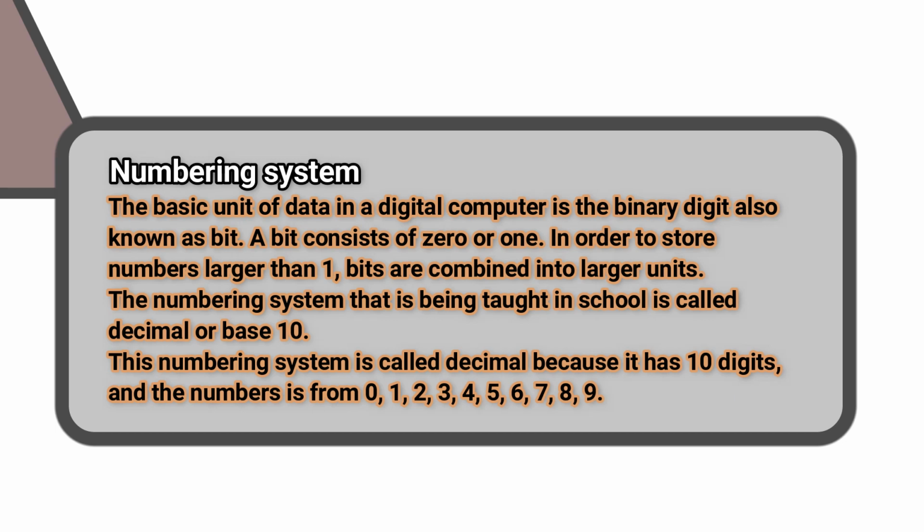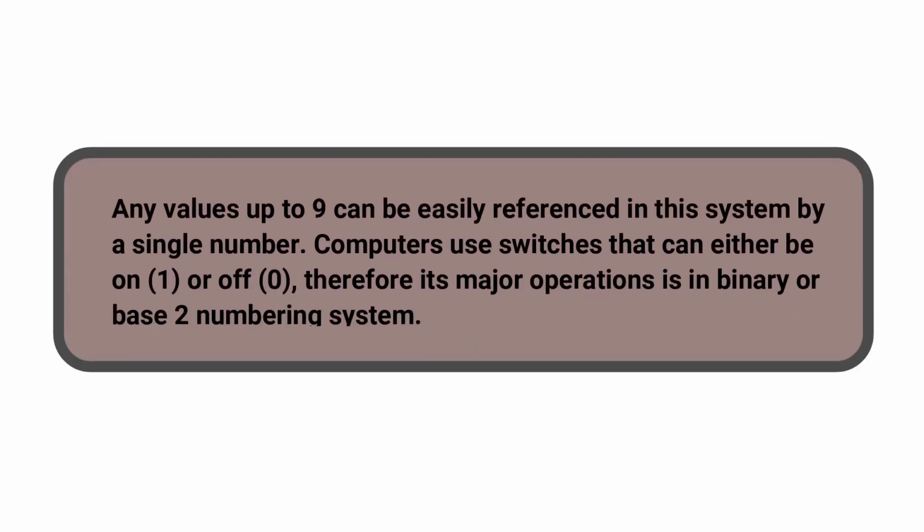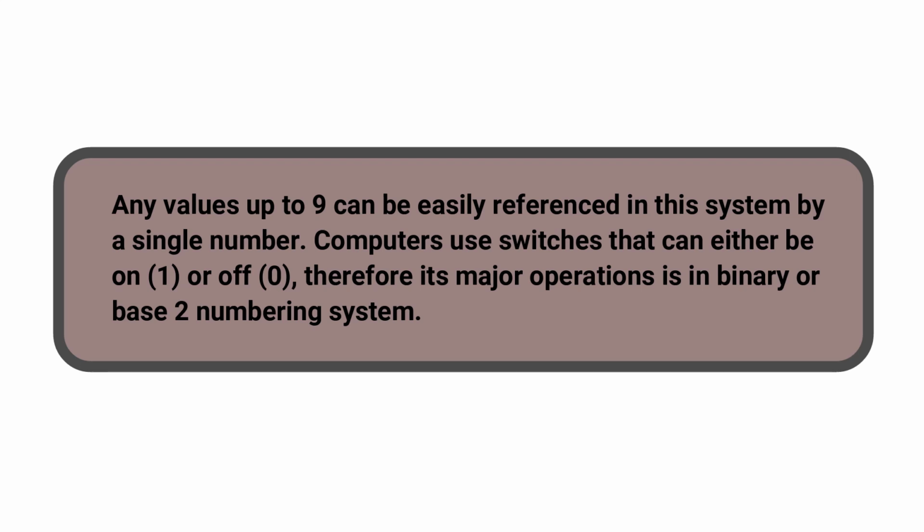This numbering system is called decimal because it has 10 digits: 0, 1, 2, 3, 4, 5, 6, 7, 8, 9. Any values up to 9 can be easily referenced in this system by a single number.